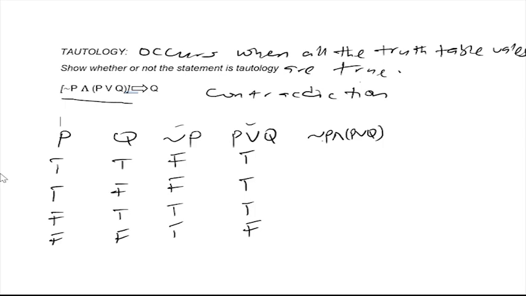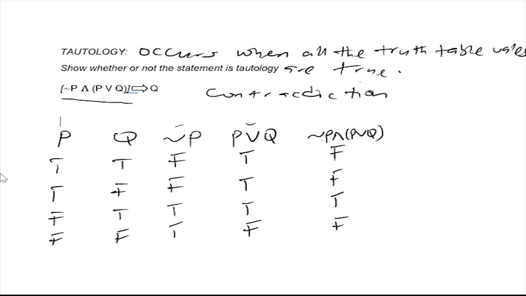So the only time you have the true result is when both of them are true. So this will be false, this will be false, this will be true because we are dealing with and, this will be false. Remember we said both must be true for you to have a true result.